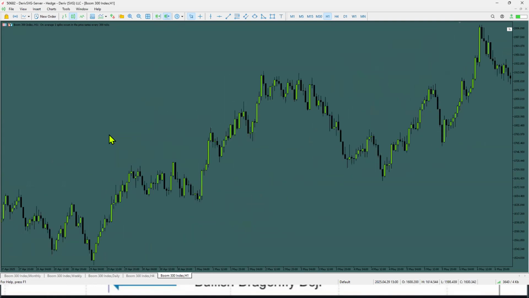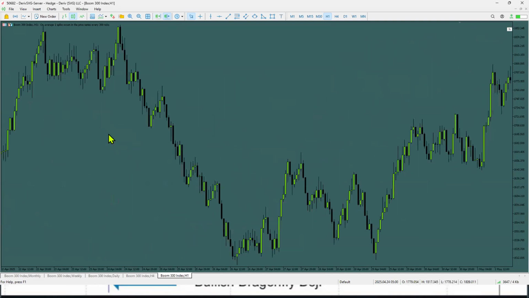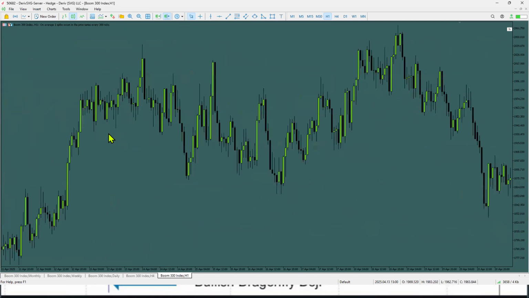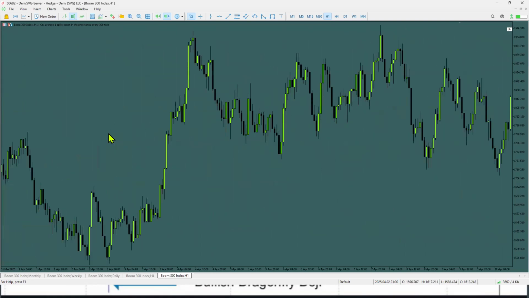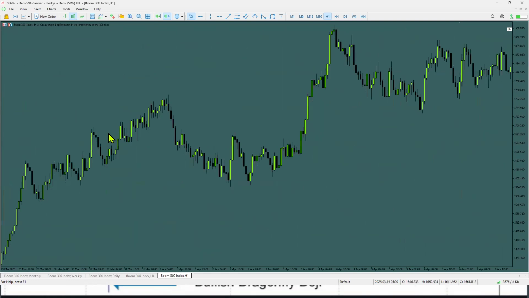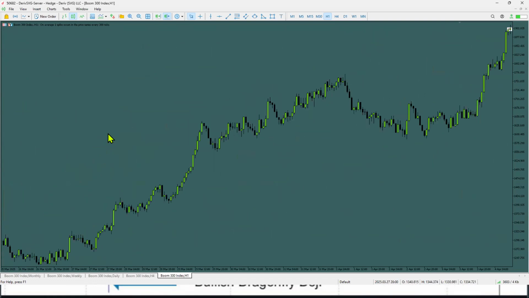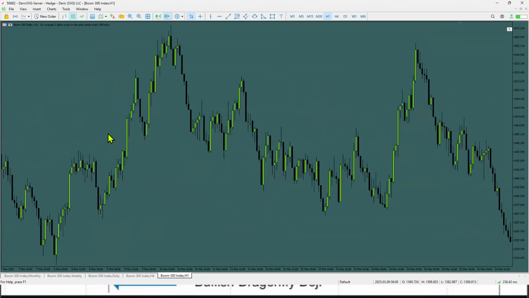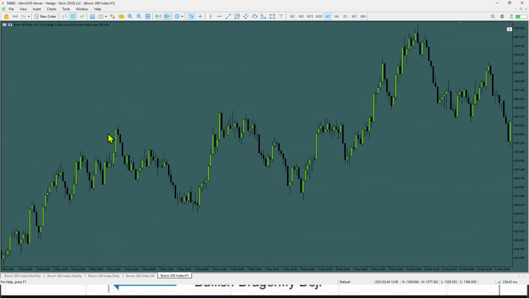Let's see if we even see it. The wick is not long enough.